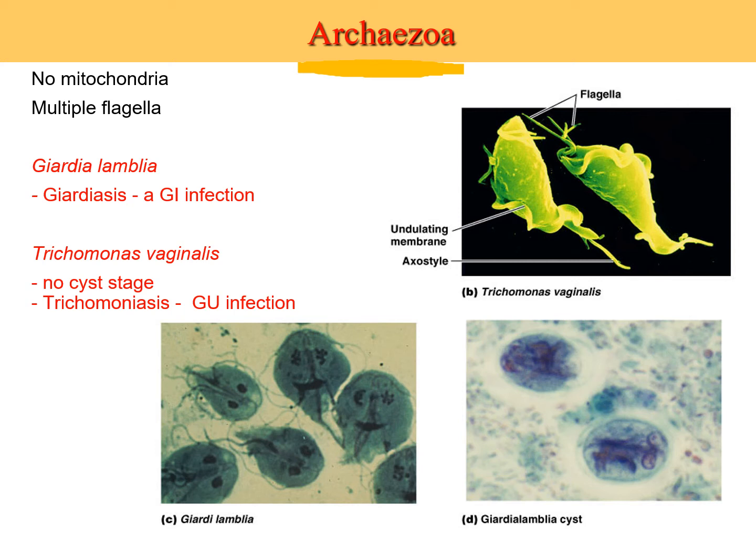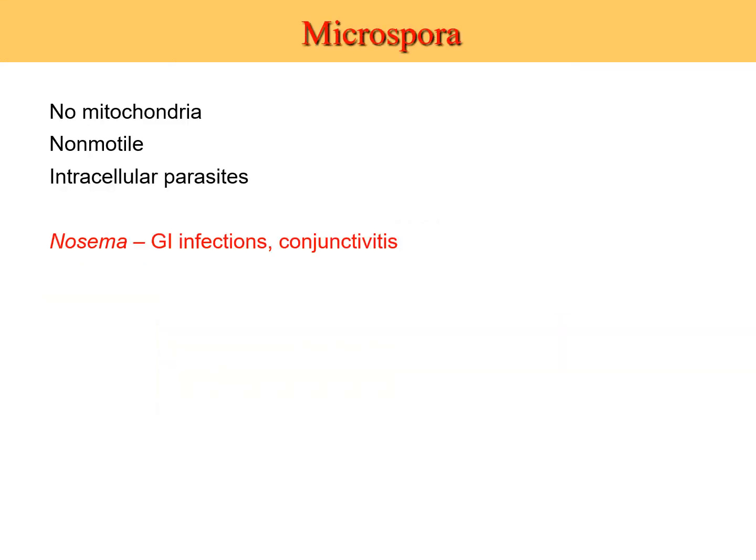Many of these infections are identified under a microscope from samples taken from the patient, sometimes by identifying the vegetative form or sometimes the cyst form. So Giardia causing giardiasis and Trichomonas causing trichomoniasis, GI and GU.